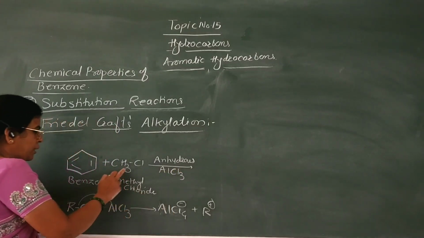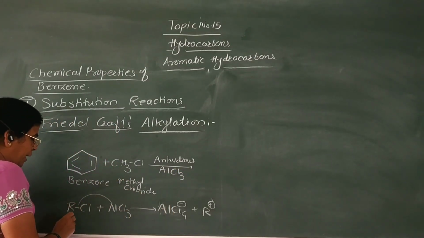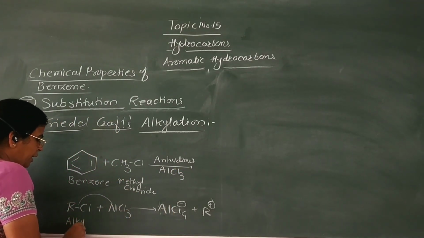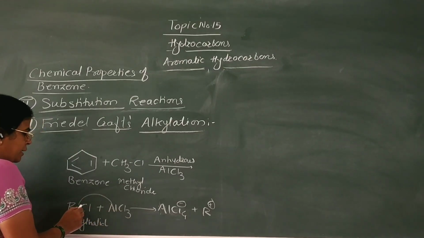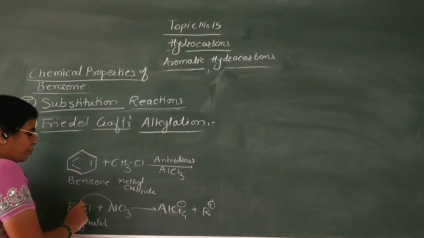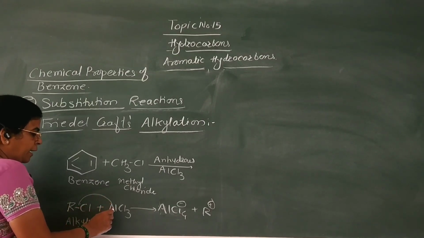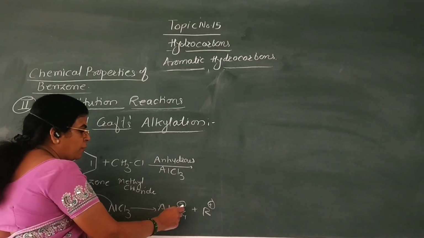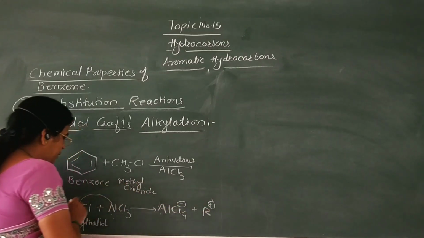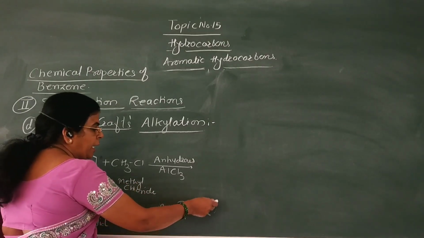Now here, when this alkyl halide reacts with anhydrous AlCl3, the chlorine, being more electronegative, takes both bonded electrons with itself and is attracted towards the electrophile AlCl3, to form AlCl4- and R+. This R+ acts as an electrophile.